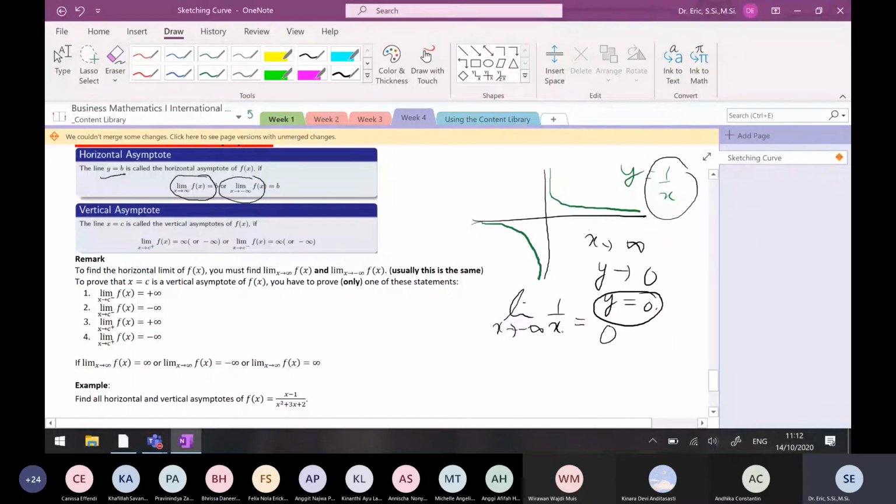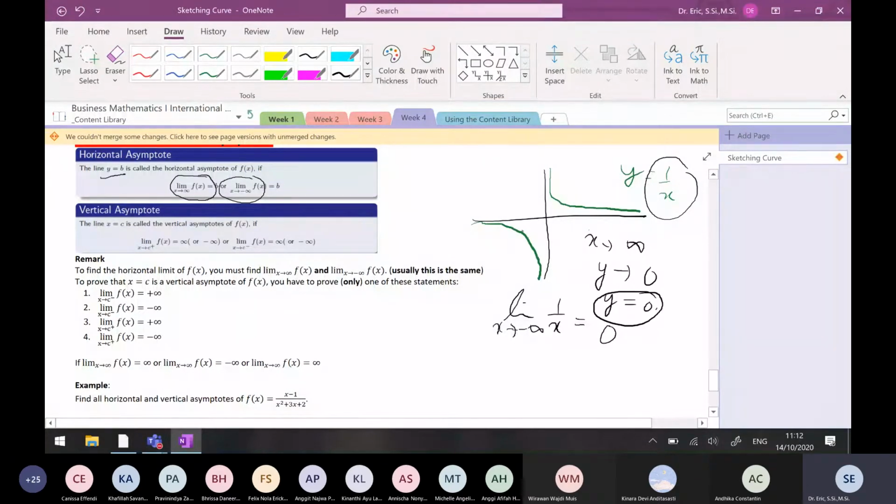How do you do this? You plug in minus 10, minus 100, minus 1,000, minus a million. It will give you minus 0.0000..., and it will go to 0 when x gets smaller and smaller.